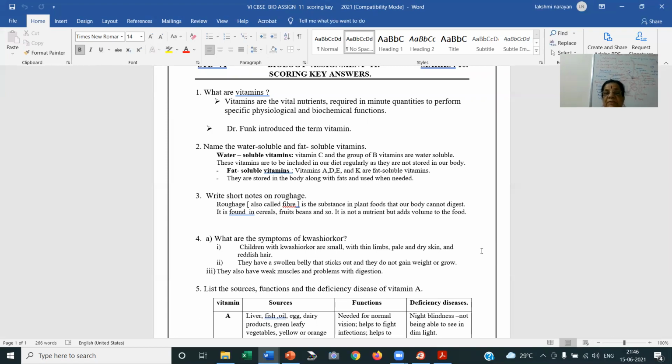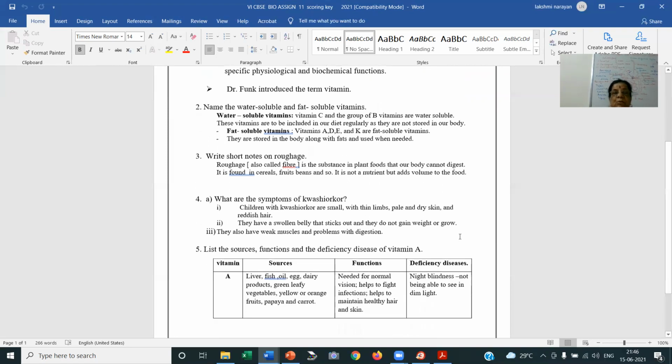Whereas fat soluble vitamins are A, D, E, and K. They are stored in the body along with fats and used when needed. A, D, E, and K. And the table shows the fat soluble vitamins.